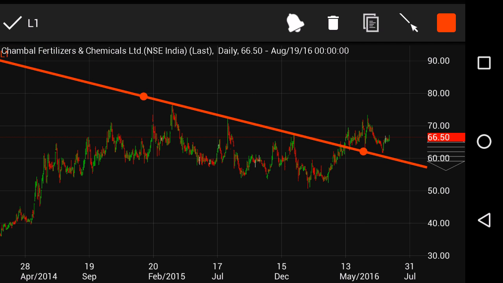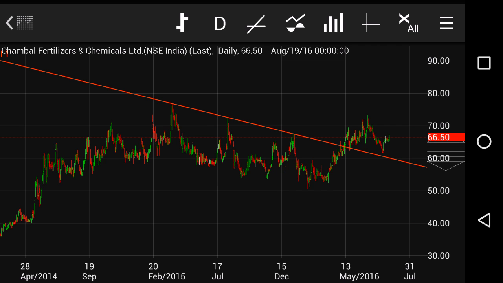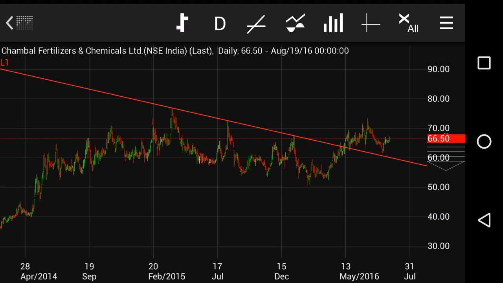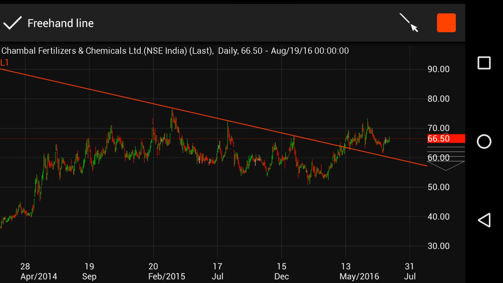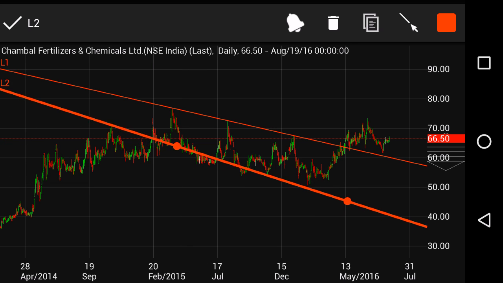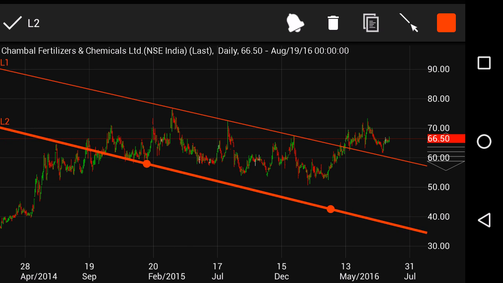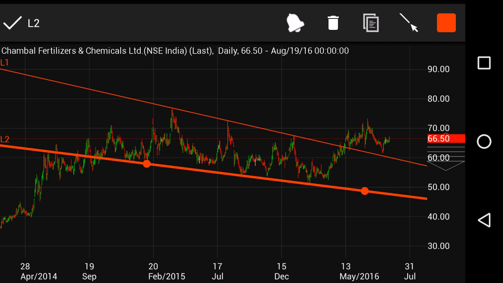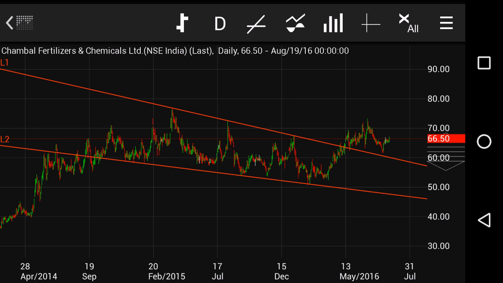It gave a good move, but it didn't follow up nicely. Still the stock is in the uptrend. It has not broken this trend line, but the slope is deep, so the stock may move down also in future. You can't say. So that's why we prefer a flatter pattern. This is a wedge.